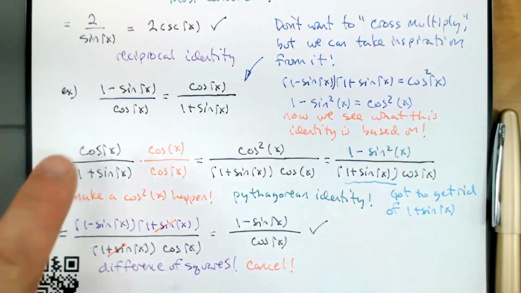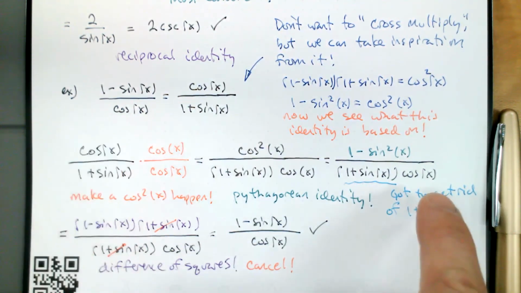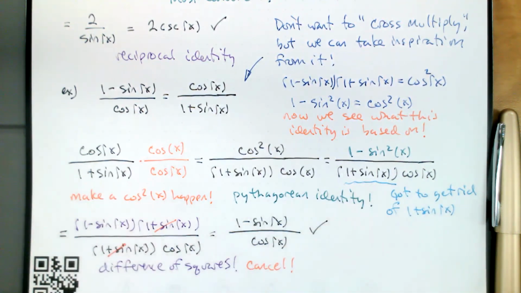Because our original had a cosine x in the denominator, which we have, but not this 1 plus sine x. That has to get canceled out. So experience says factor the numerator and cancel it out. So this problem really turned into the previous problem. It was just harder to see the factoring because it wasn't just a common factor of 2. Any questions? Comments?